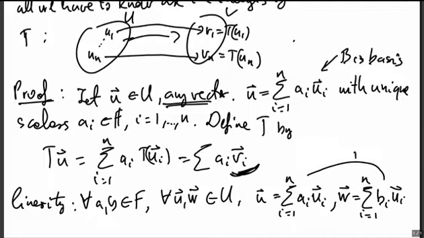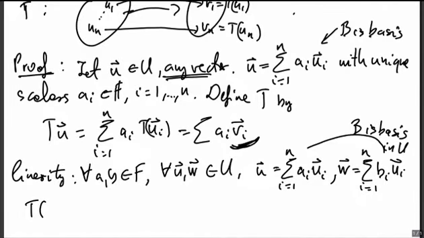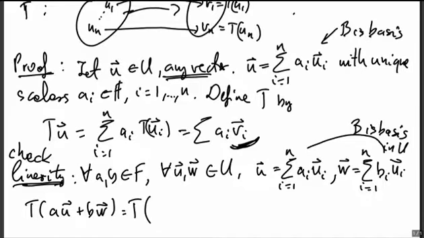Again, this is because B is a basis in U. Then let's check what the image under T of a times u plus b times w is. We don't know if we can separate it. We want to check linearity. Right now all we know is the definition of T, but T is defined using this linear combination. So first we should write u in the sum form, also w in the linear combination form, using the basis vectors.